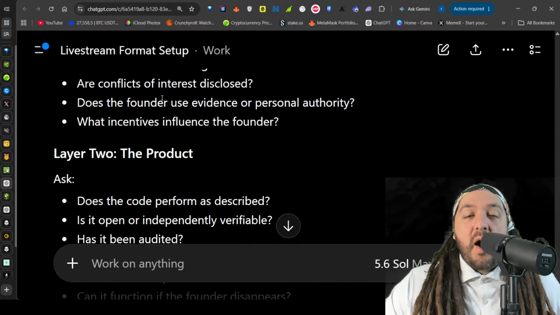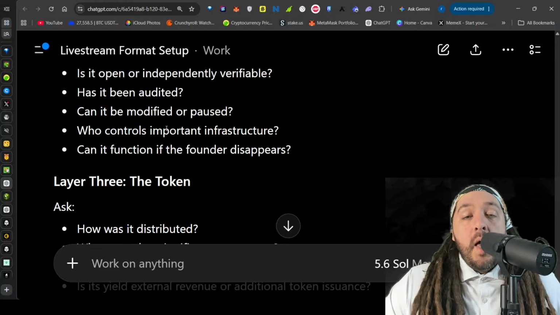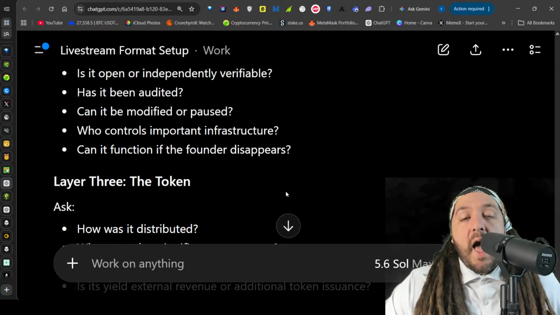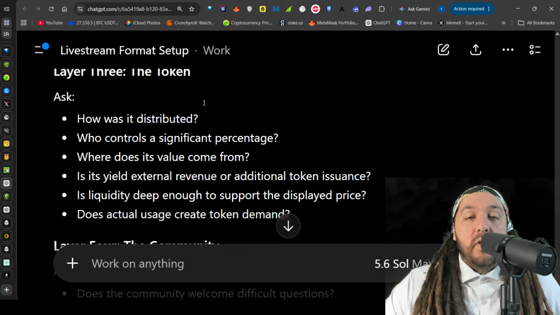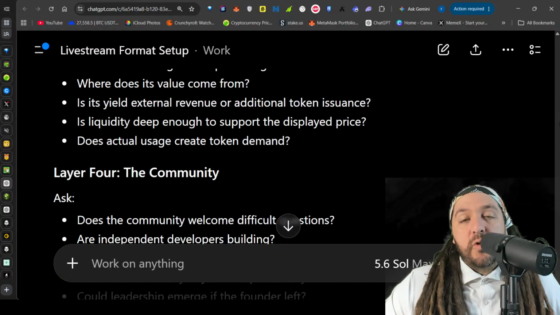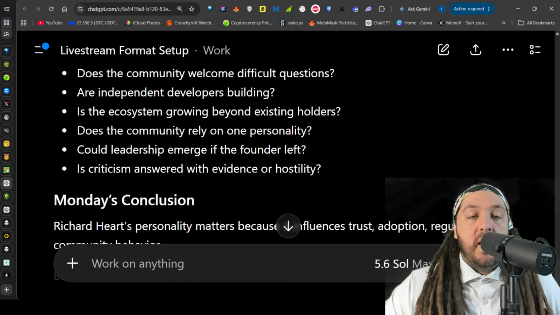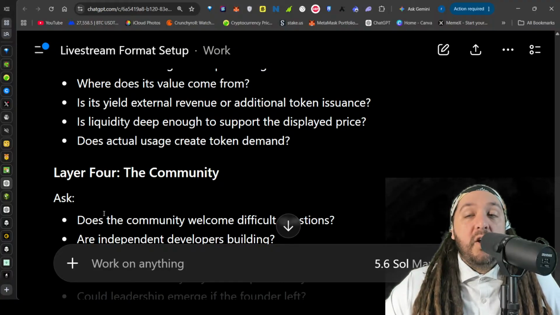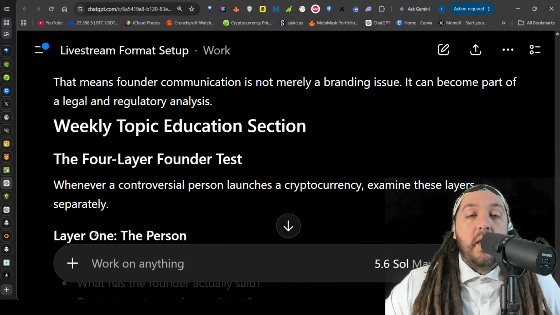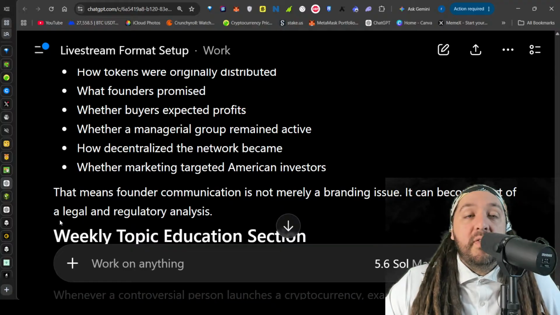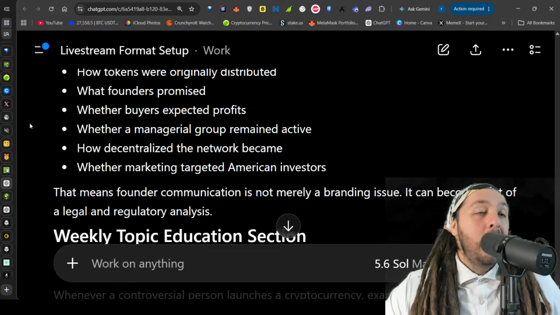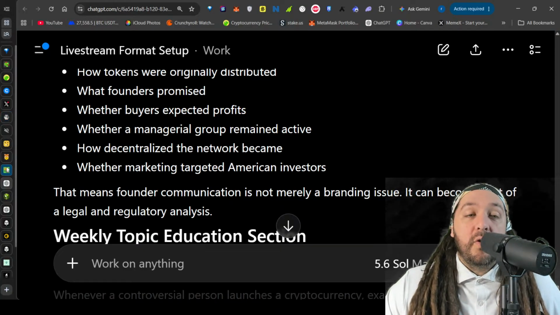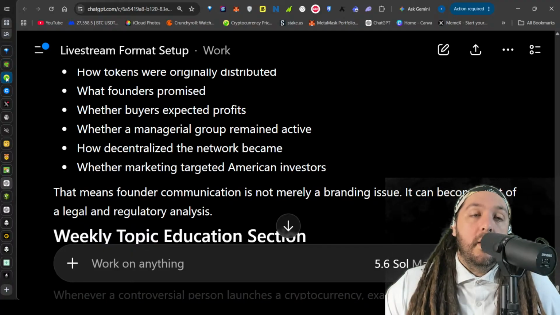Then you want to look at the product they're going to be founding. And then you want to look at the token, the token that's associated with the product, its tokenomics, stuff like that. And then the community. Is the community weak? Is the community strong? Is the community going to really get together and move this thing and talk about it on social media? Or is it crickets over on social media for the community?